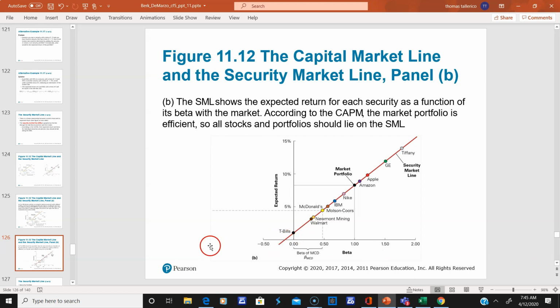Again, here's beta, here's the security market line, and here's expected return. There's a difference between the capital market line and the security market line.